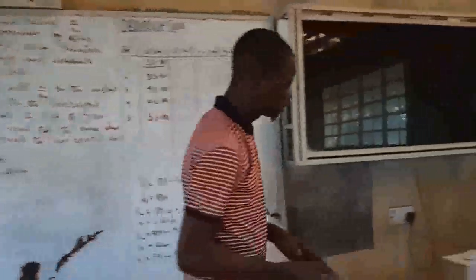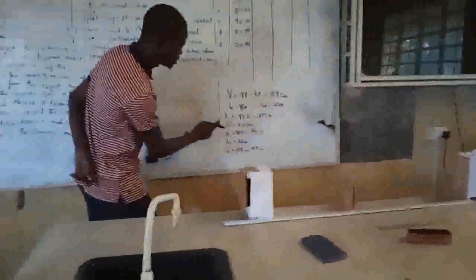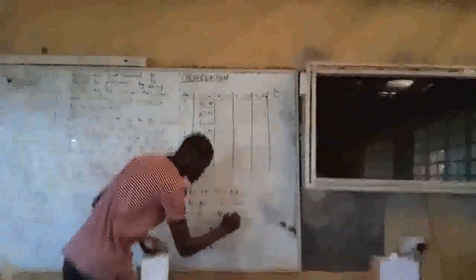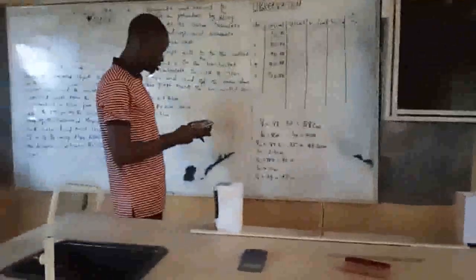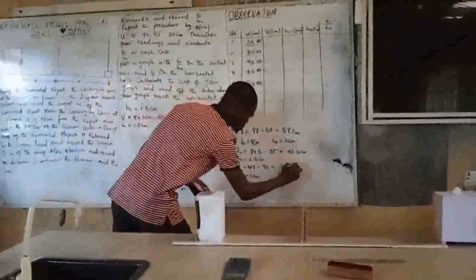Now, we are done with my experiments in this case. From here, I can easily calculate my V. When my V here is 80.5 centimeter, 80.5 minus 35 gives 45.5 centimeter. Here, 78.5 minus 40 gives us 38.5 centimeter.